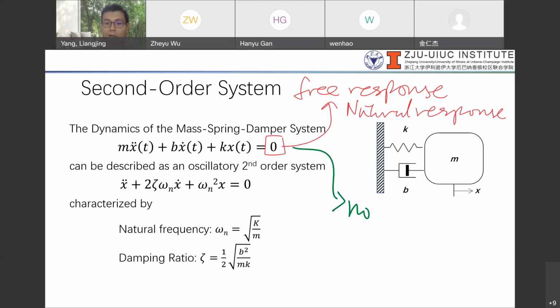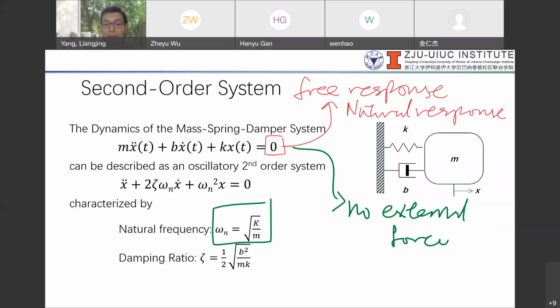You will have a natural frequency where this thing will just oscillate by itself, square root k over m, right?